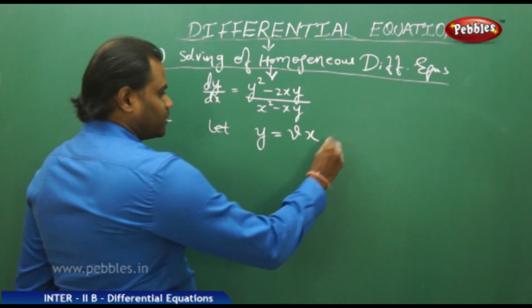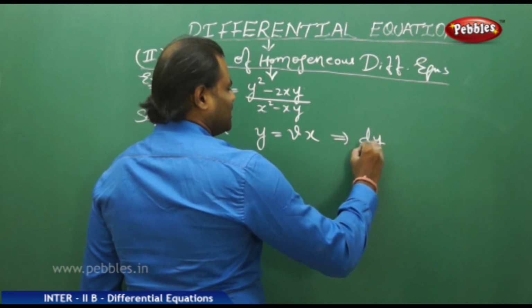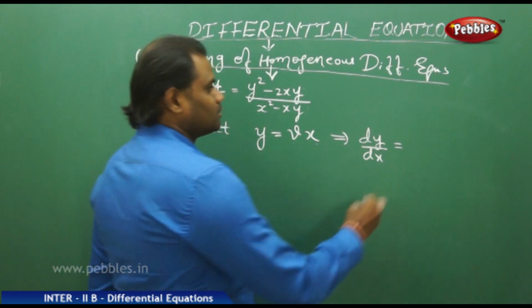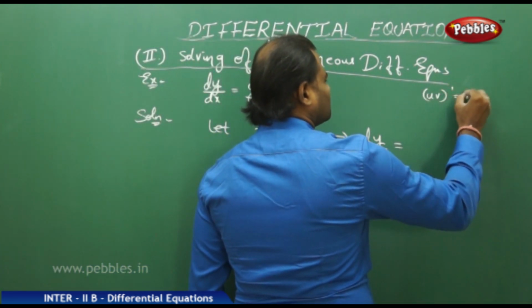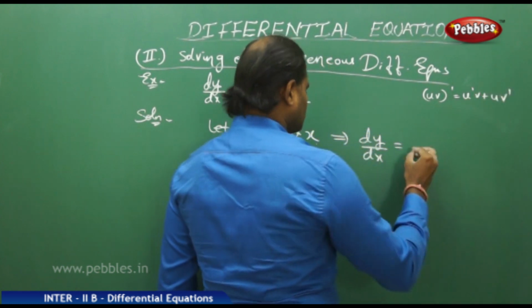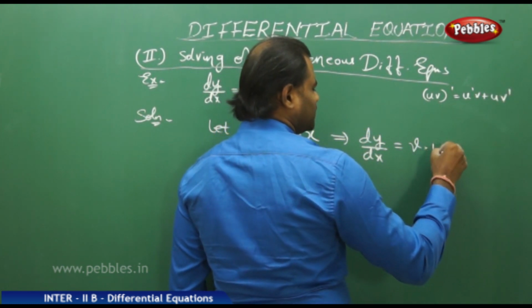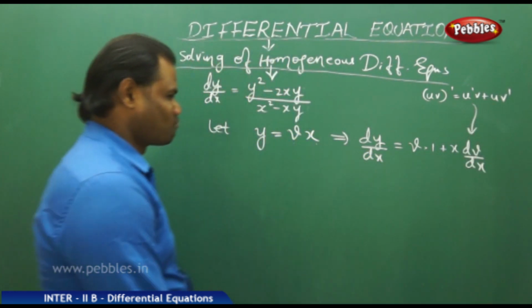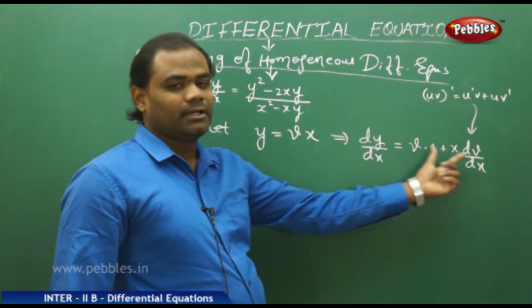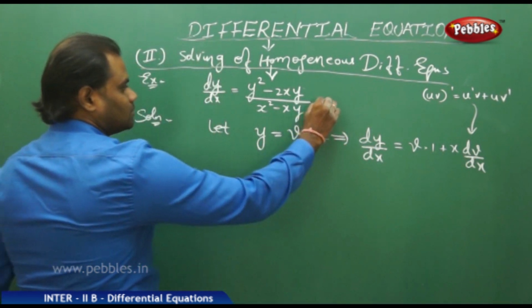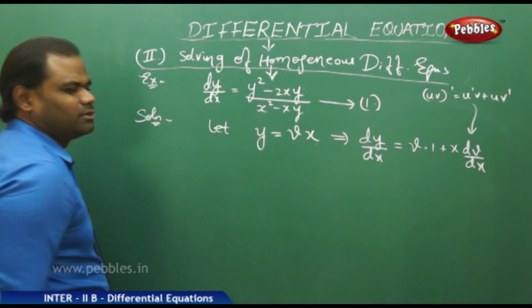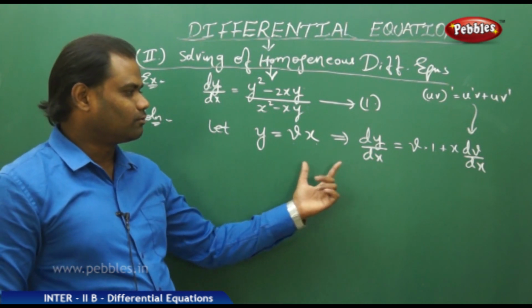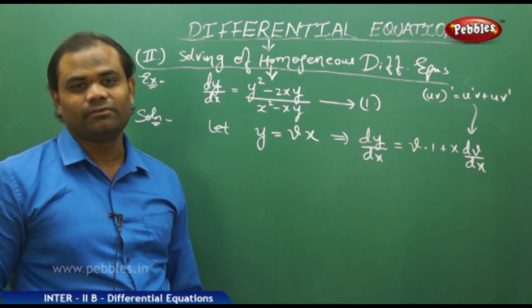That implies, differentiating on both sides, I get dy by dx equals d by dx of vx, which, using the formula u dash v, I get v times d by dx of x plus x times dv by dx. So we get y is this and dy by dx is this, so that when substituted into equation 1, the whole of y is eliminated and the whole equation gets reduced in terms of v and x.